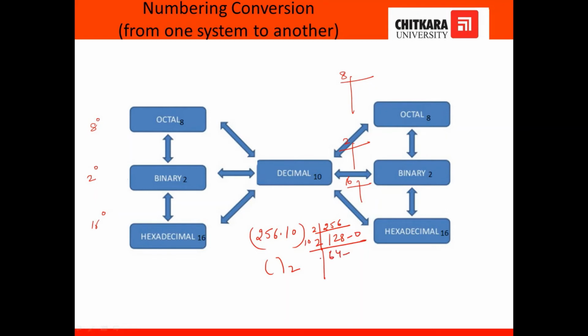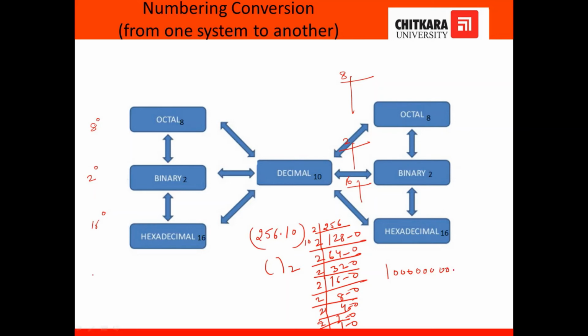Further divide it, remainder is 0. Further divide it, remainder is 0. Then at last we reach this level where I find this result. Now you have to write from the lower to the upper one. 1, then zeros. How many zeros? 1, 2, 3, 4, 5, 6, 7, 8. So write 8 zeros.